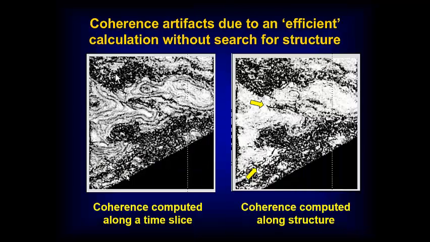Also, in the presence of dips, one needs to compute coherence along the dips of the reflections, and we refer to this process as the dip steering option. If we do not do so, we can see these contours on the coherence attribute or the slices that we may generate from there, time slices or whatever.